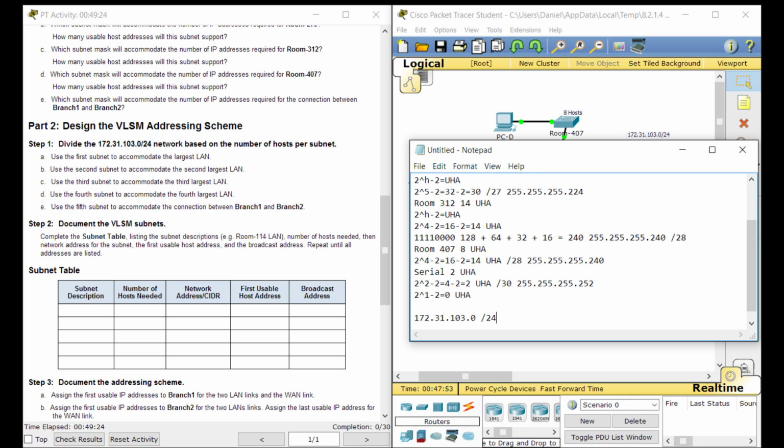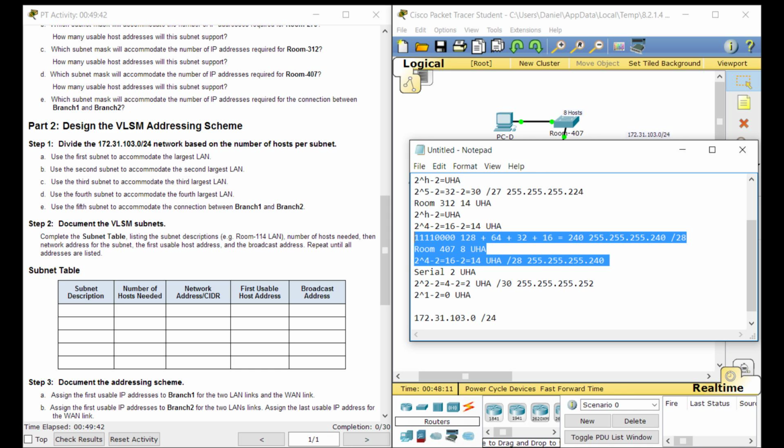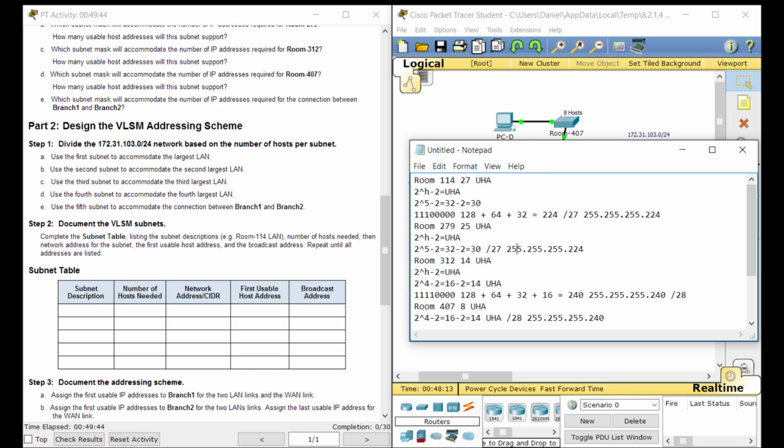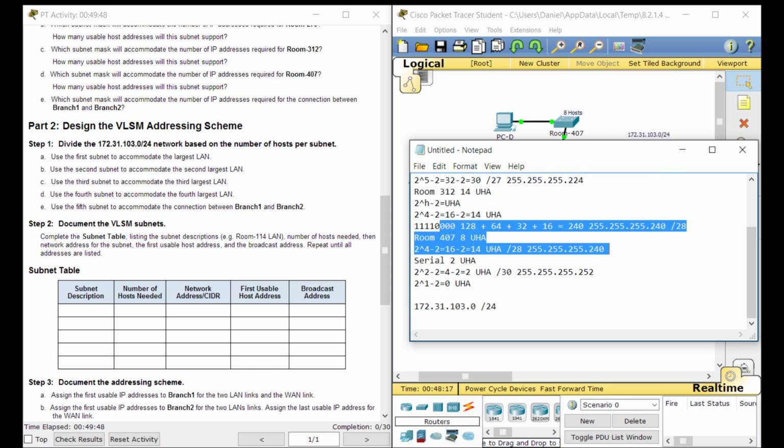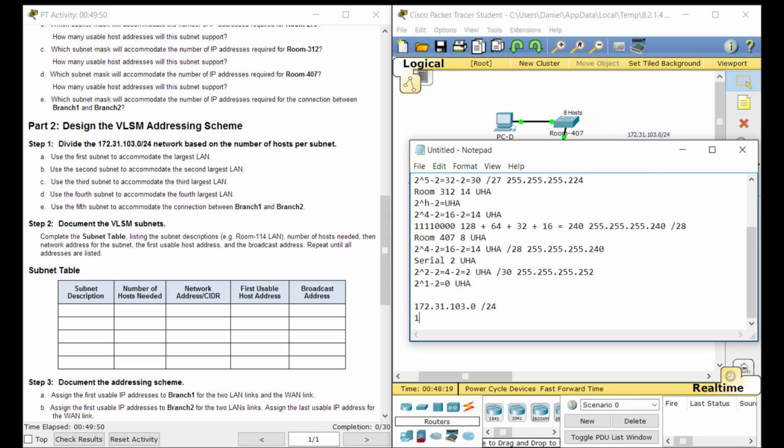We're going to need 2 /27s, 2 /28s. Oh, okay, it's up here. Okay, yeah, 2 /27s, 2 /28s. I confused myself there. Okay, so what you want to do here?